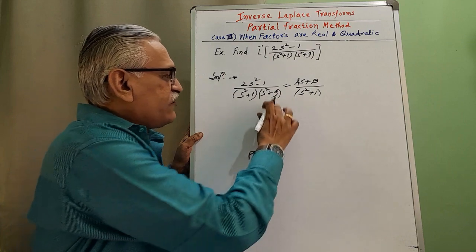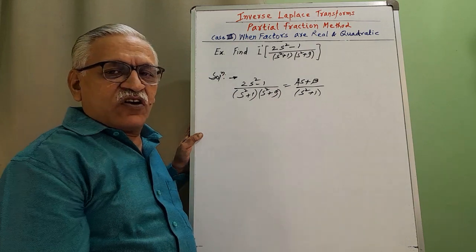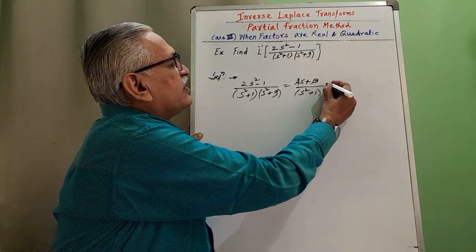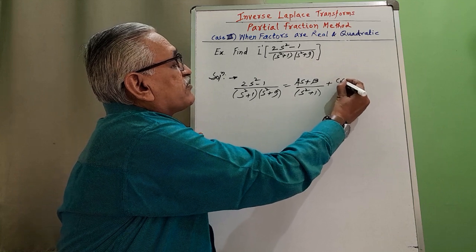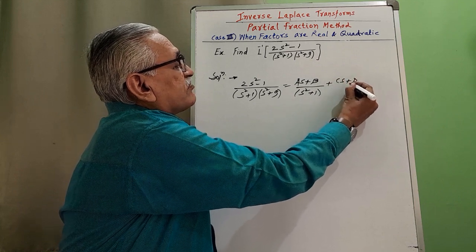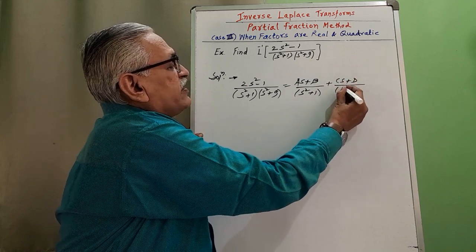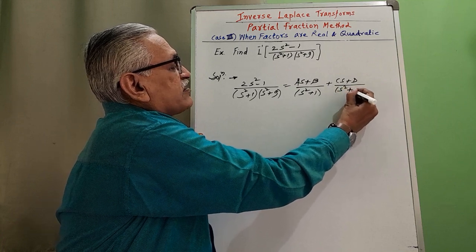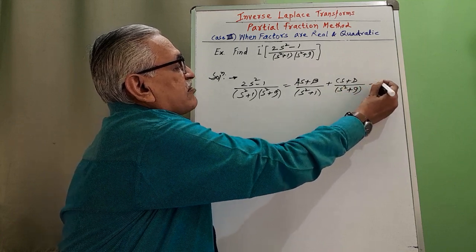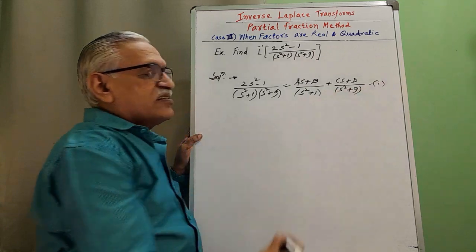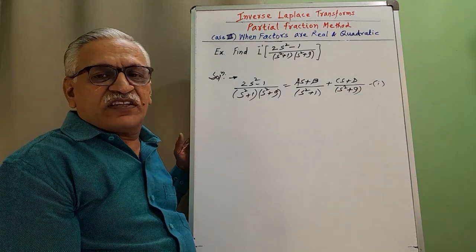And for the second factor, again it is quadratic, for that it is Cs + D, divided by s² + 9. And we call this equation 1.